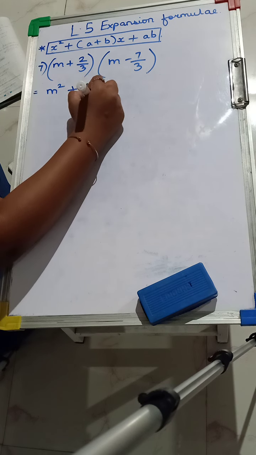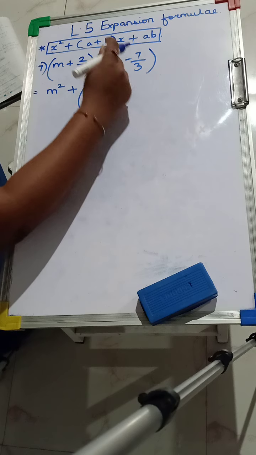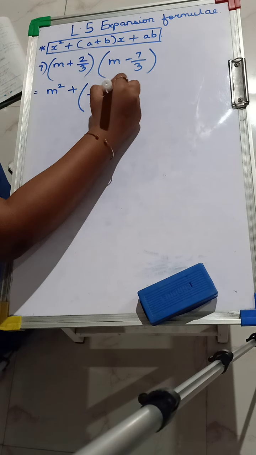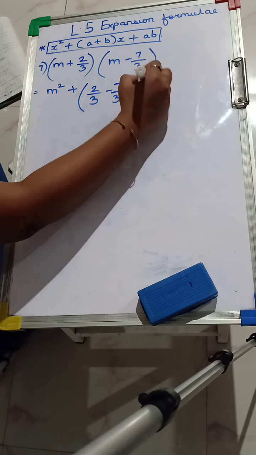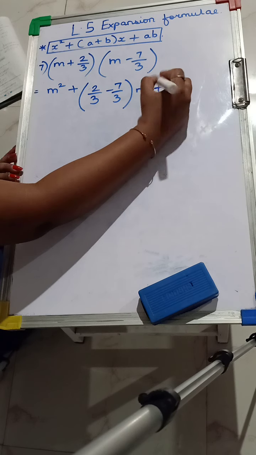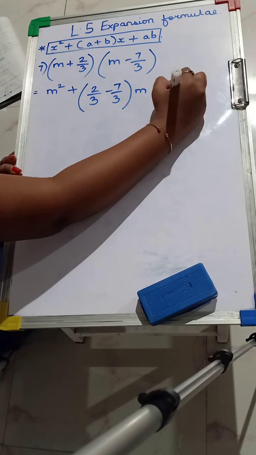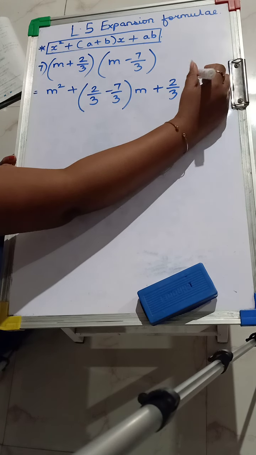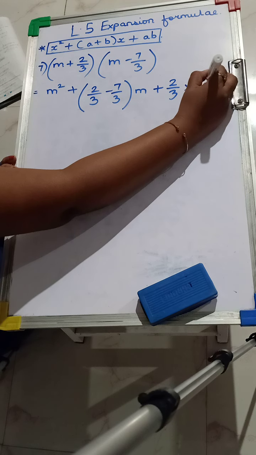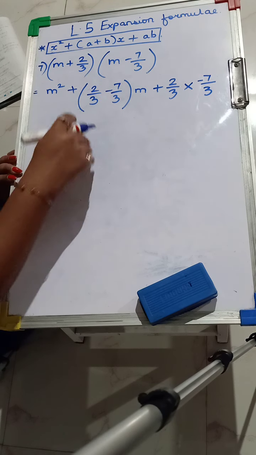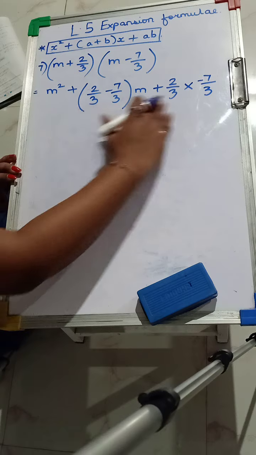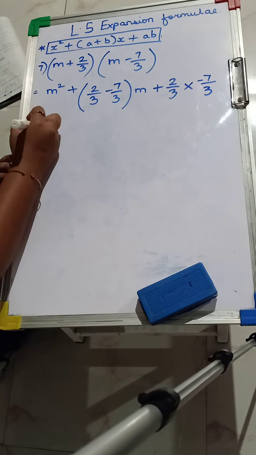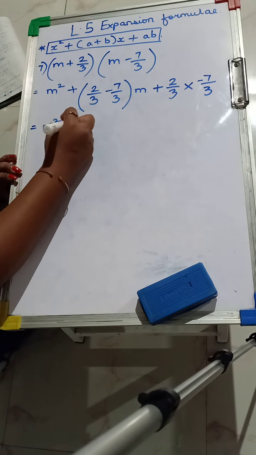Our a is minus 2 upon 3 and our b is minus 7 upon 3, times x, plus a, which is minus 2 upon 3, multiplied by b, which is minus 7 upon 3. This is the substitution we did here. Now we are going to solve. So m square will be as it is.